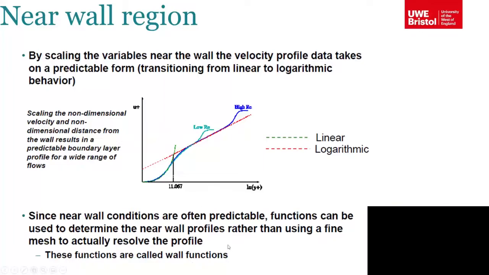If you use a predetermined profile for the wall, you call it a wall function. By doing that, you don't resolve the wall using grid nodes, but you use a function to determine the shape near the wall.